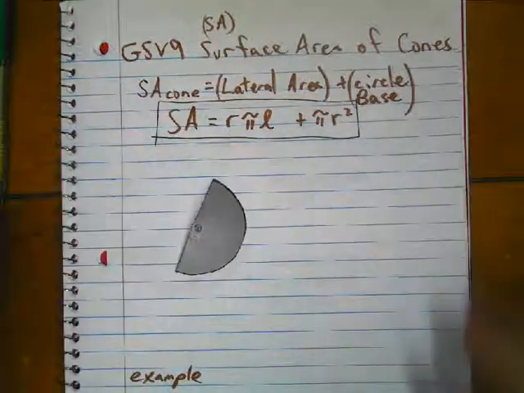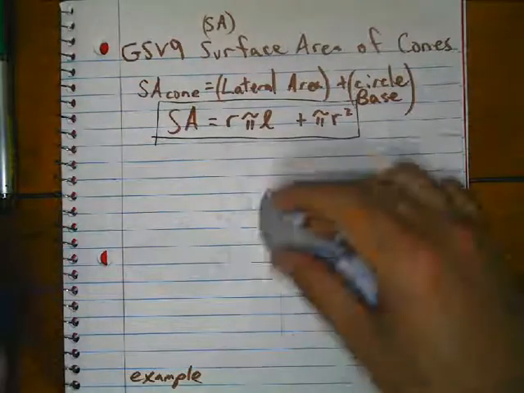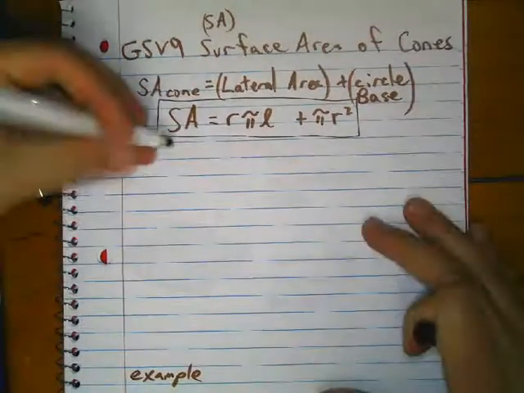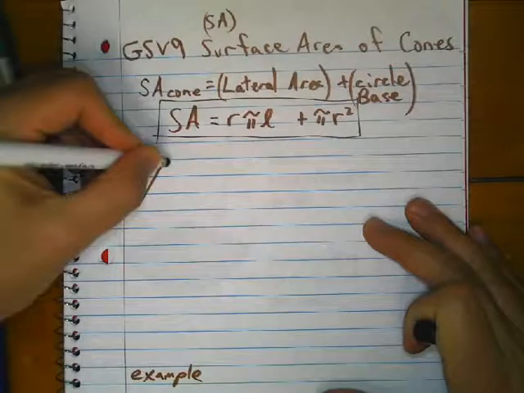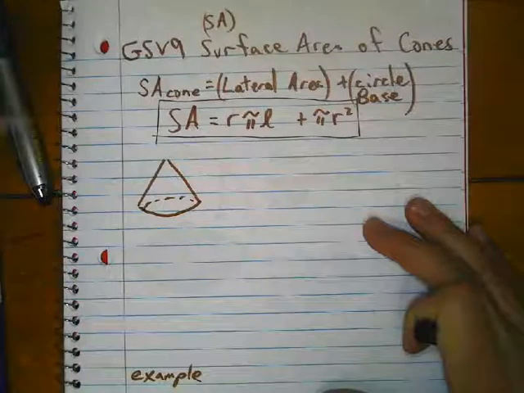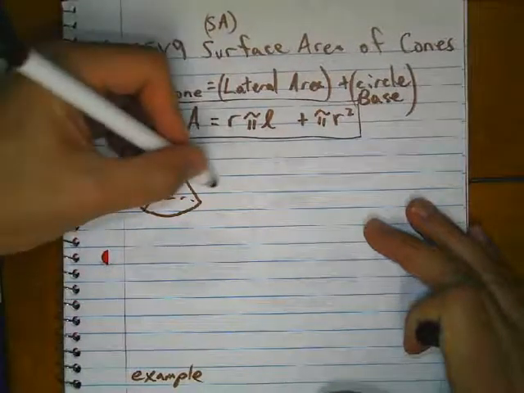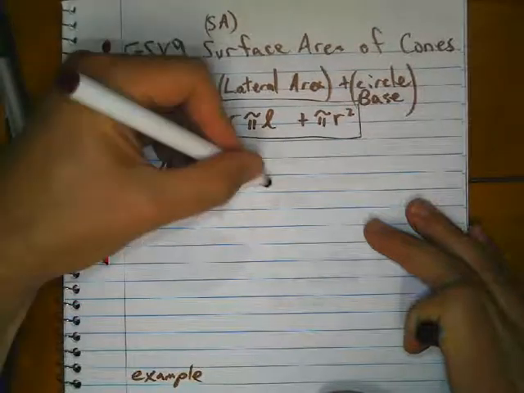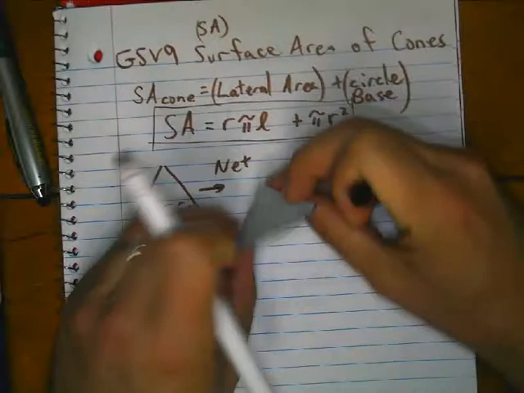So if I've got a cone, let's draw one. Okay, so there's my cone. If I unravel it, then my net cone looks something like this.